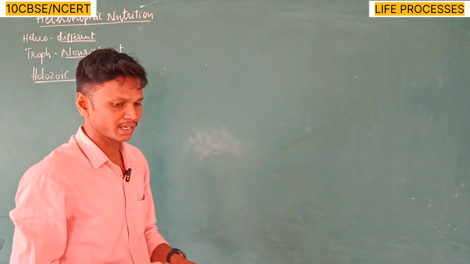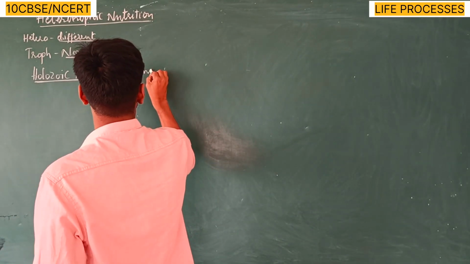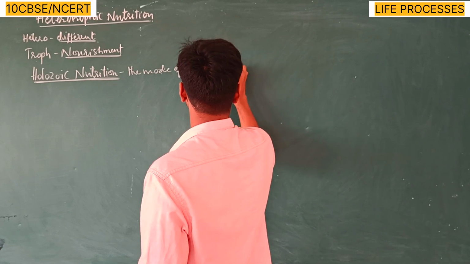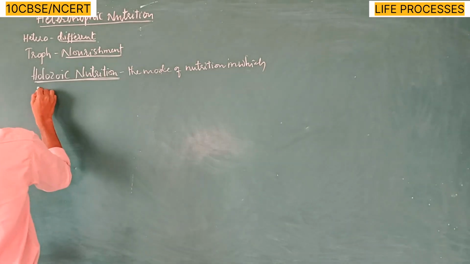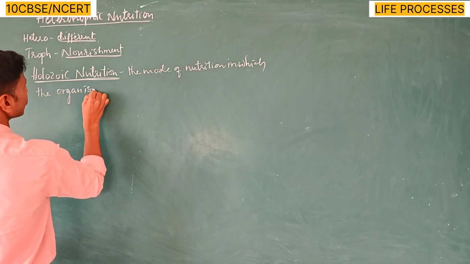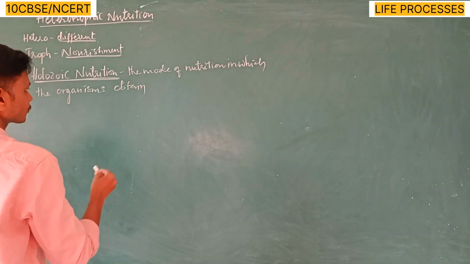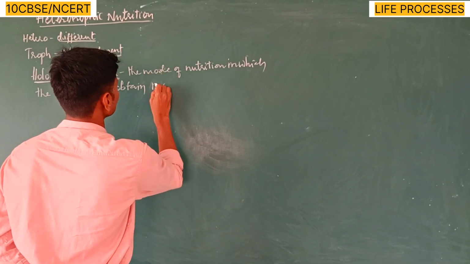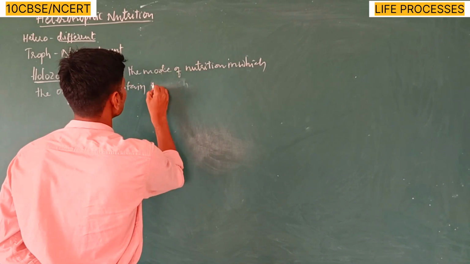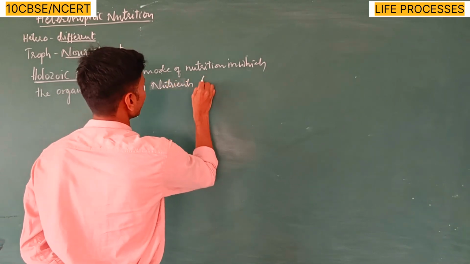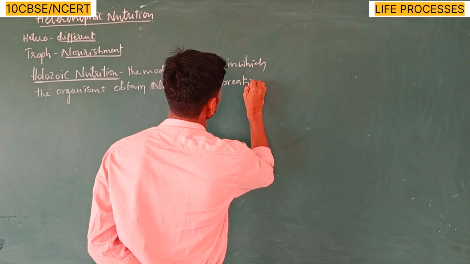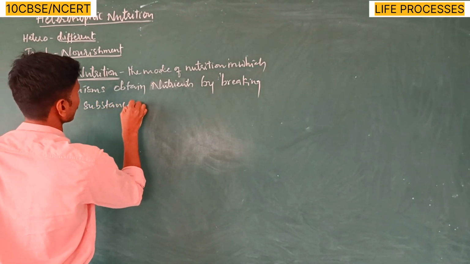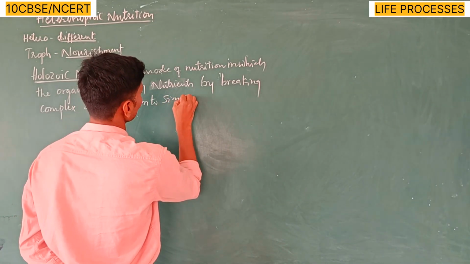Holozoic mode of nutrition, whose definition we have already discussed, is the mode of nutrition in which the organisms obtain nourishment, nutrients, by breaking the complex substances into simpler ones.